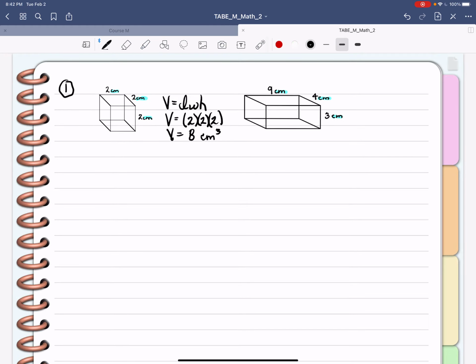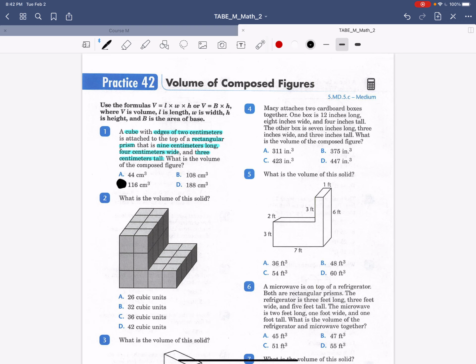So we have 9 times 4 times 3, and that is, I believe, 108 cubic centimeters. And then we need to put those together. So 108 plus 8 is 116 cubic centimeters. So the answer to number 1 is C. If you don't have a shape, I recommend drawing a shape.